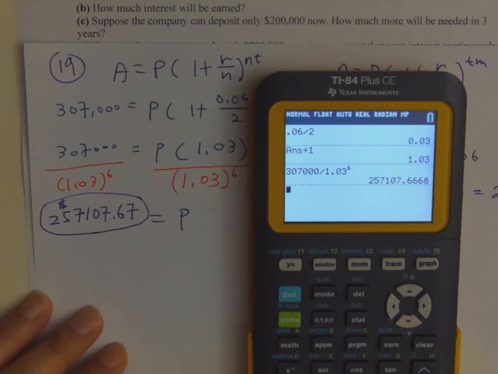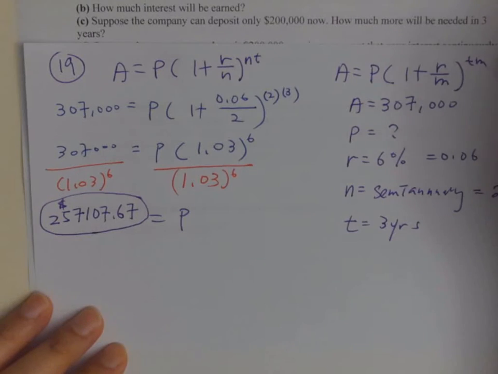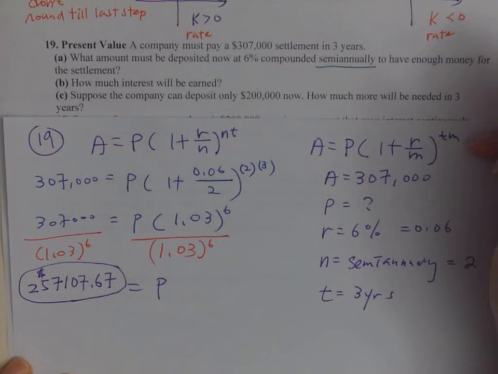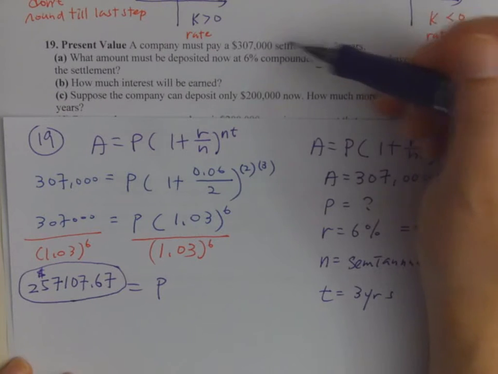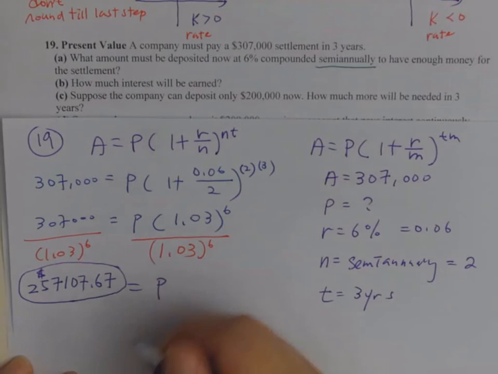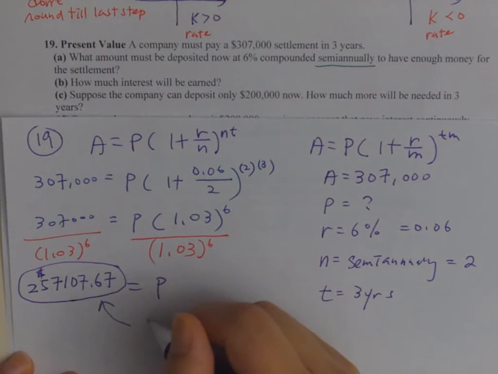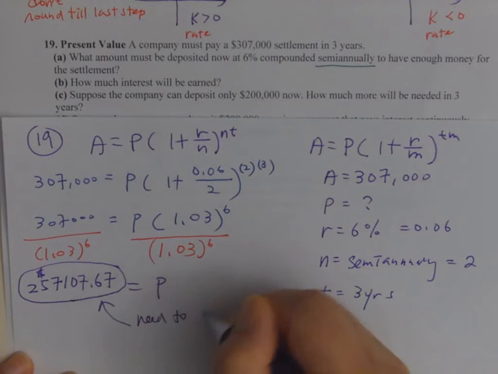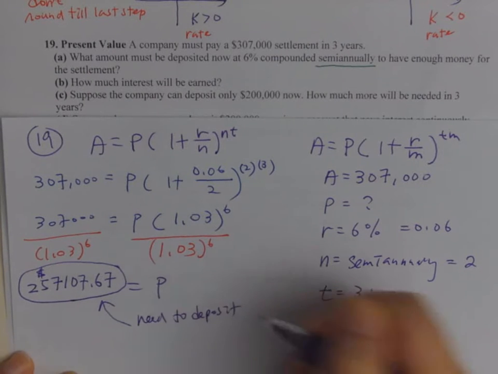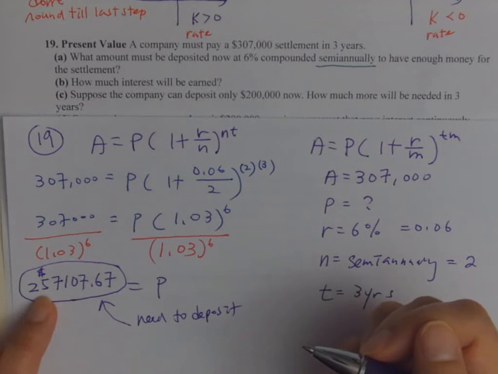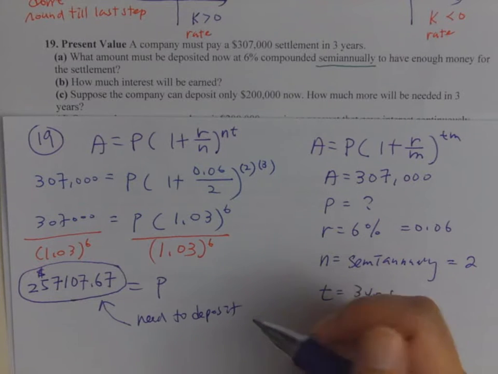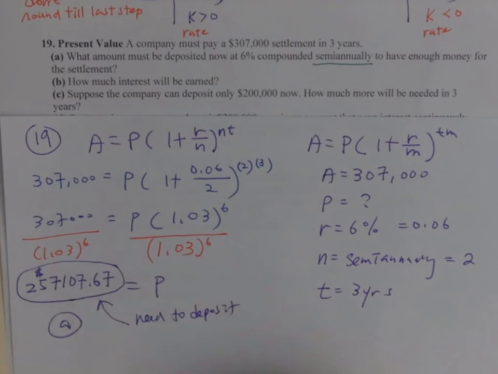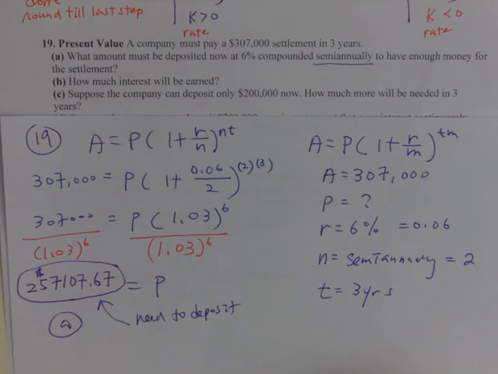So P will equal, I'm going to need a calculator for that, 307,000 divided by 1.03 raised to the 6th power. Let's see. So my answer should be 257,107.67 if I round it.